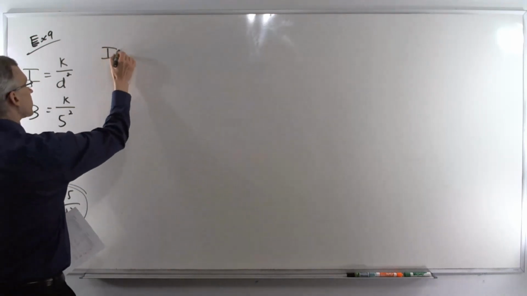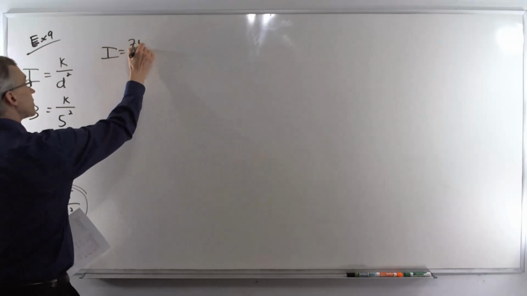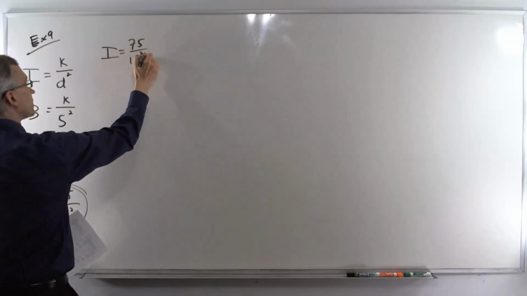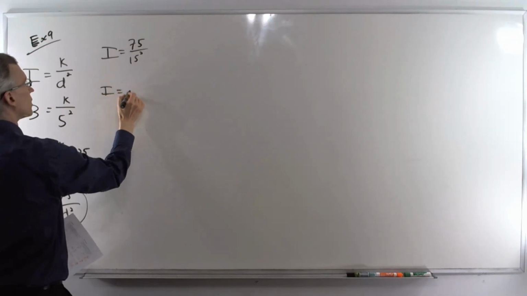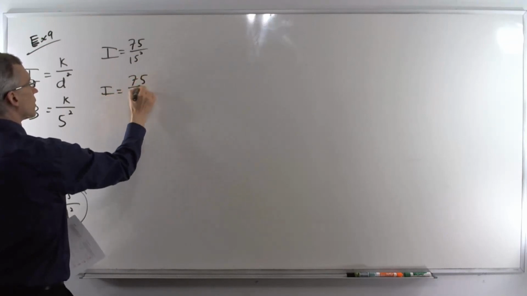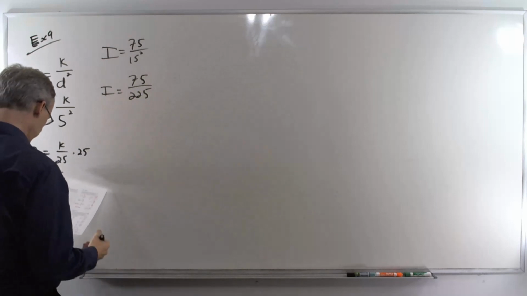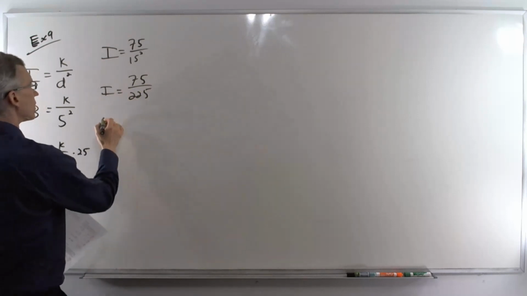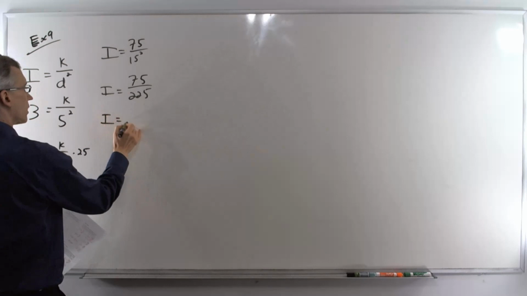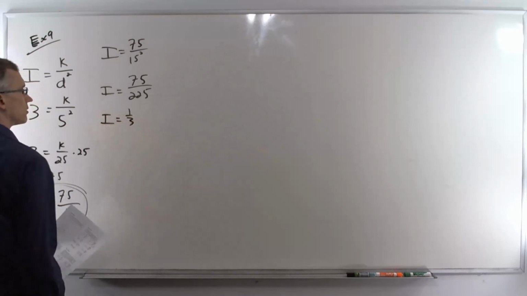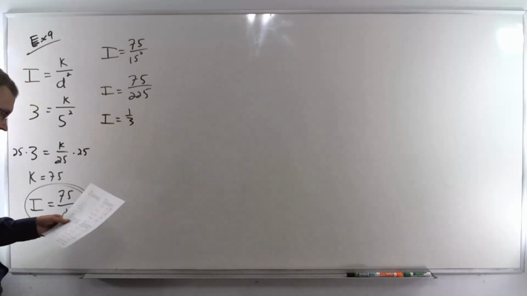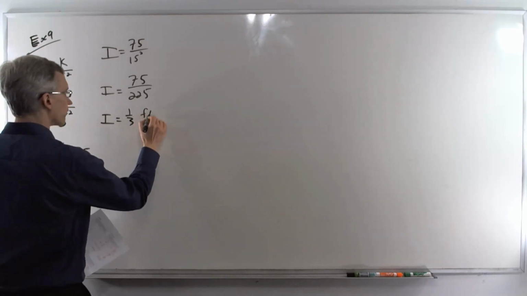So I equals 75 over 15 squared. So 75 over 225. That is 1/3, or 0.3 repeating. And the units are foot candles.